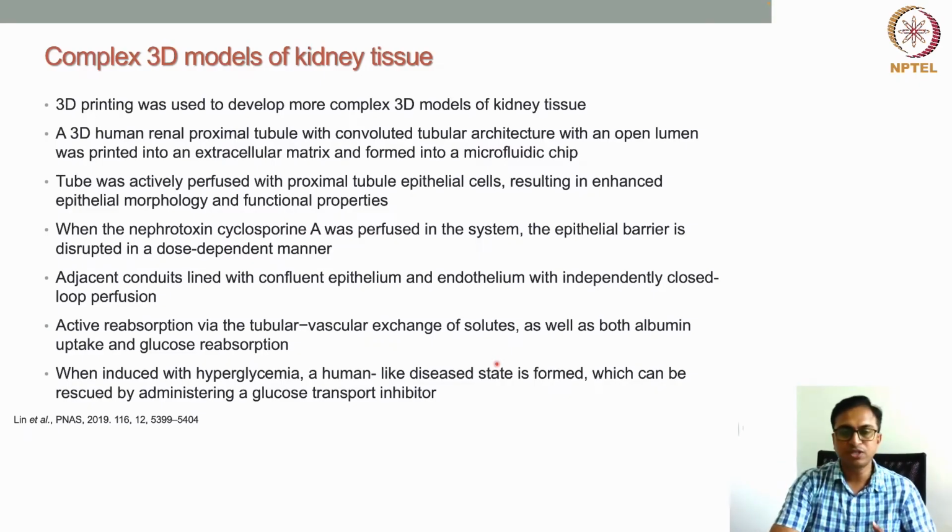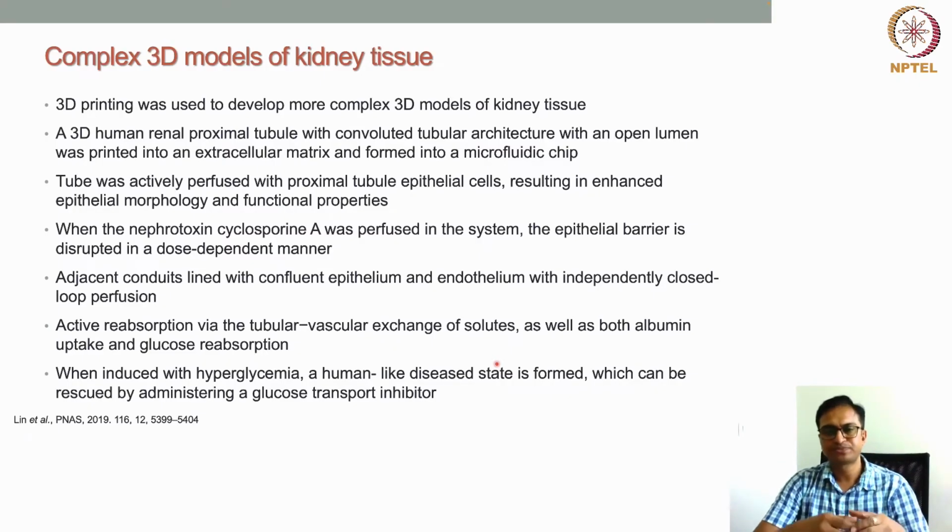So the importance of this study is that they have shown that with 3D bioprinting we can develop a convoluted tubular architecture for a renal proximal tubule, and physiological functions can be re-established within this 3D printed model. So this is an important study.